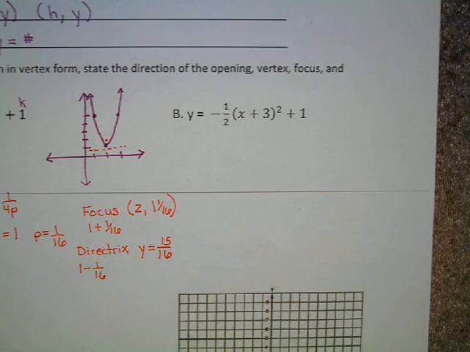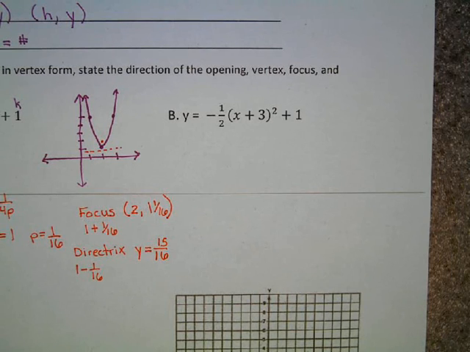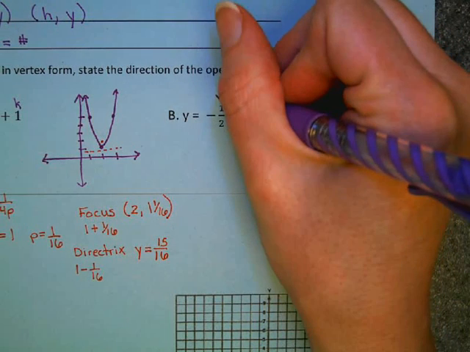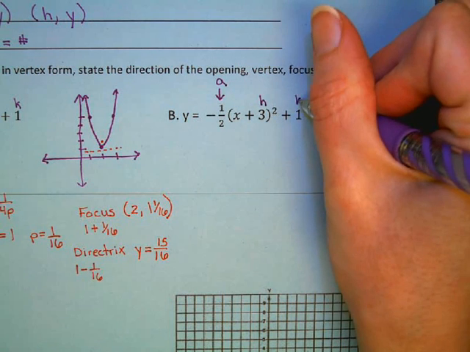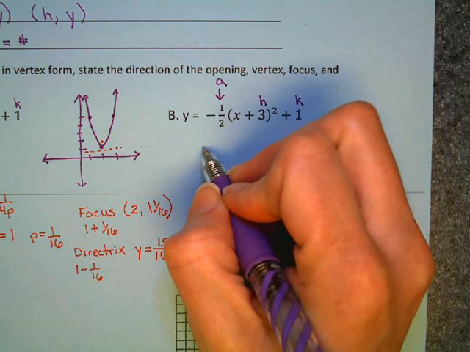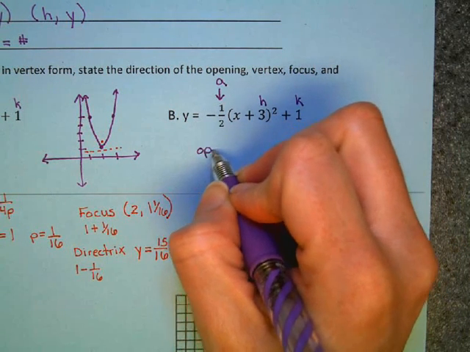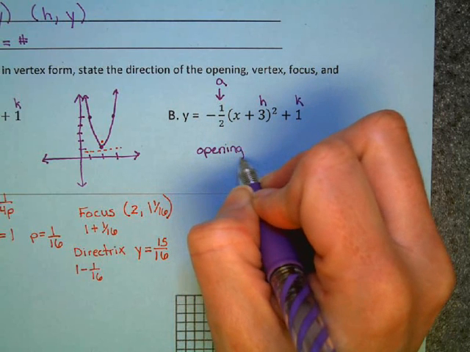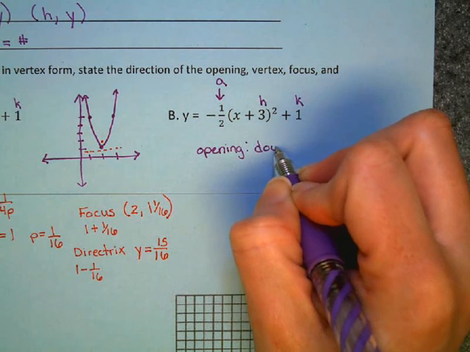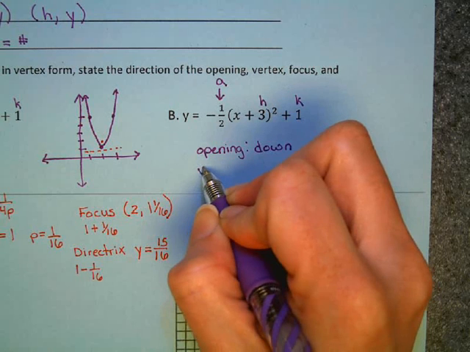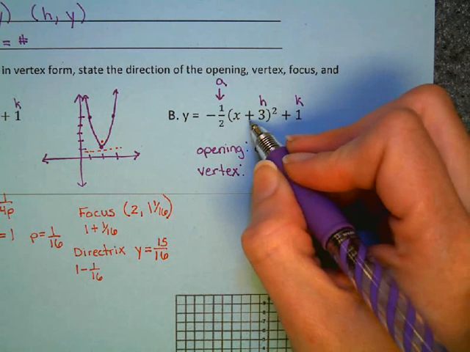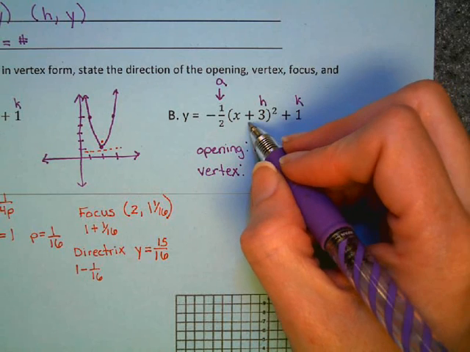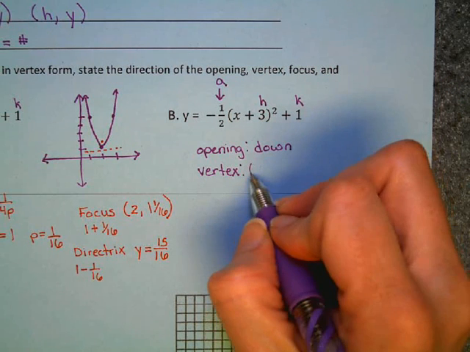The A value for this one is -1/2. And this is our H and our K. Since the A value is negative, our opening is going to be down. Our vertex, you'll notice in this one, is negative because we have minus a negative, we change it to a positive. So -3, 1 is the vertex.